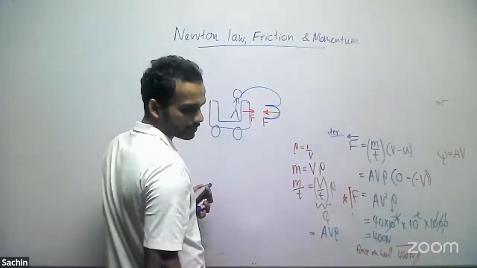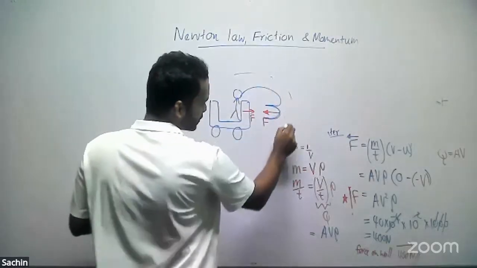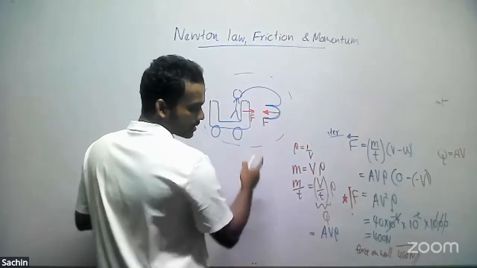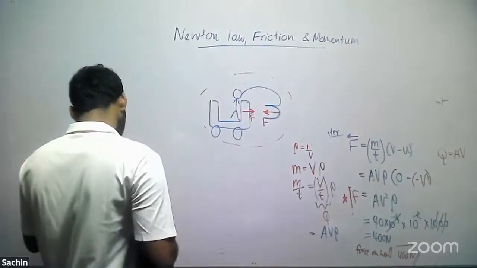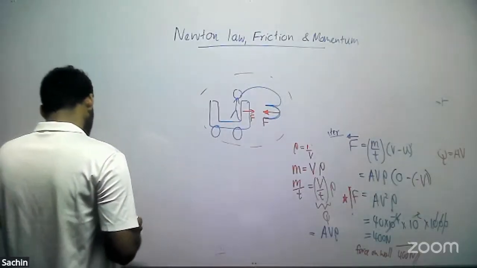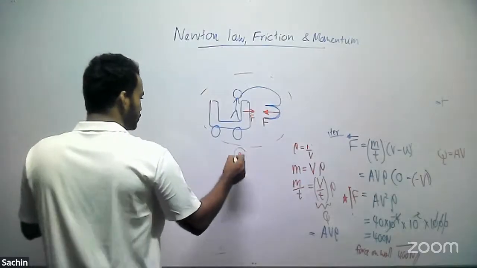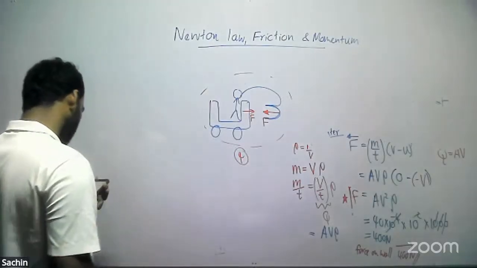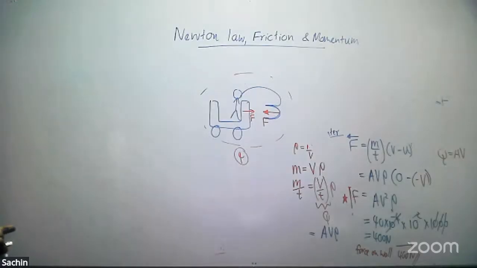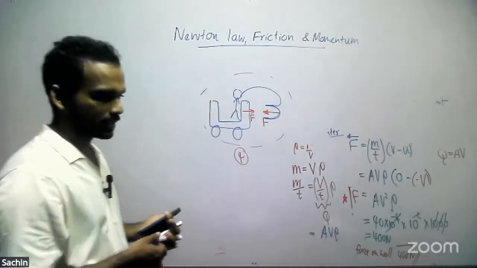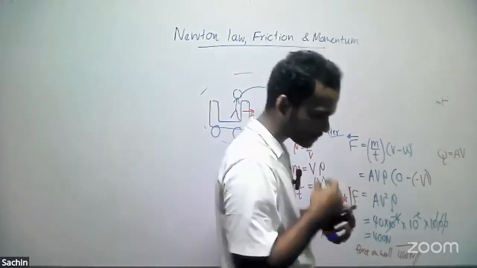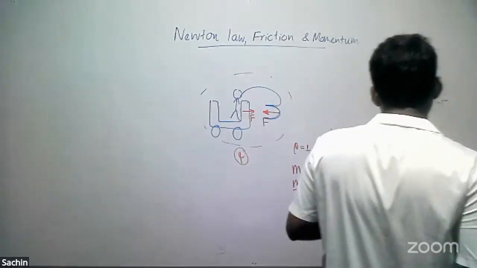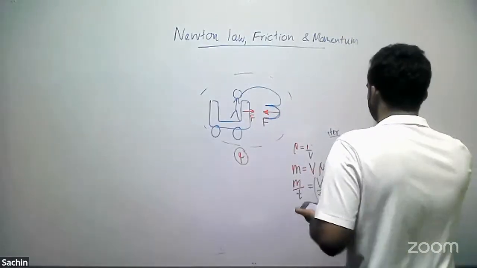So when you consider the whole system, this is an internal force, so it can't influence the motion. That means the system will not move. So the answer should be the fourth one. For the seventh question, the answer should be the fourth one. Only external forces can influence a motion. The internal and external concept should be clear now.